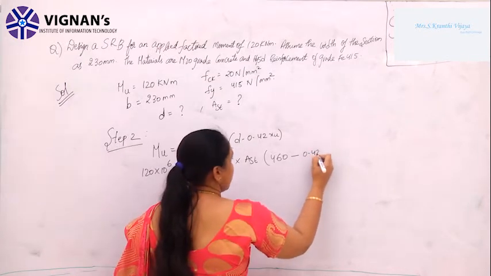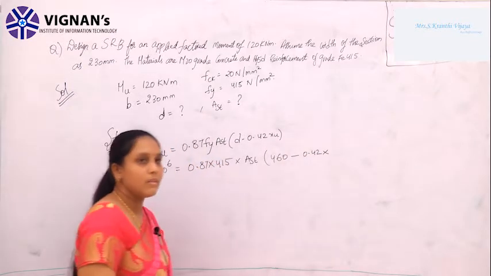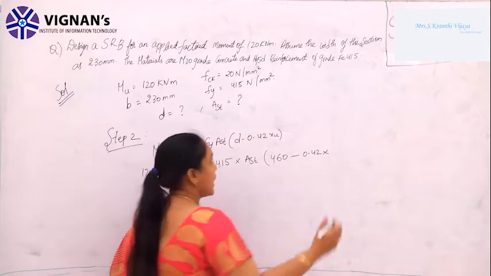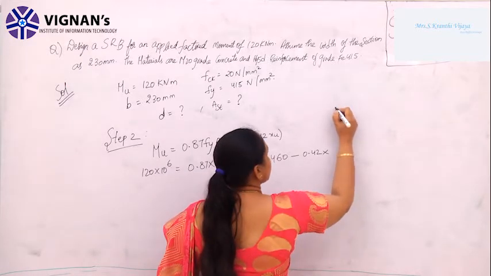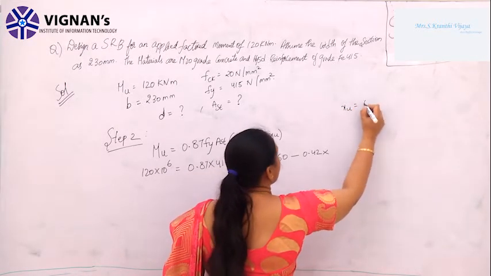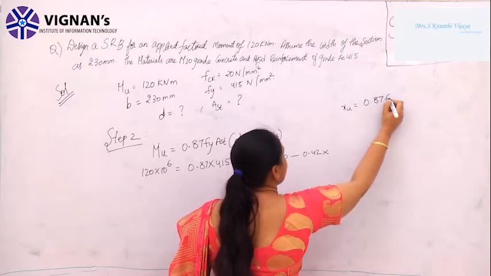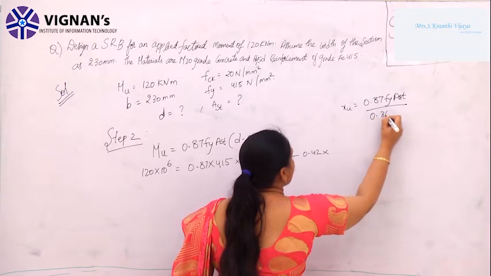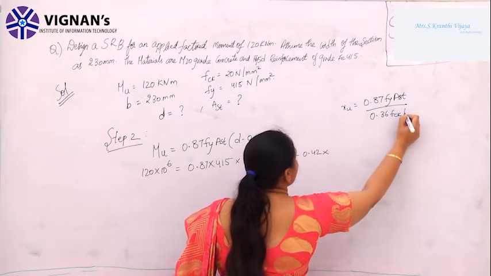Minus 0.42 into Xu. Do you know the value of Xu? Here I am writing the value of Xu as Xu is equal to 0.87 Fy into Ast divided by 0.36 fck into b.